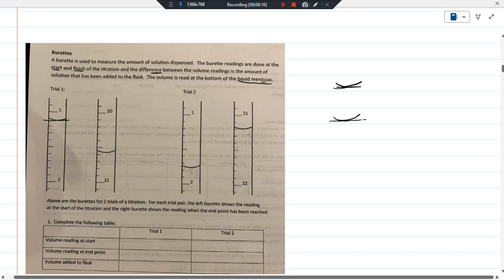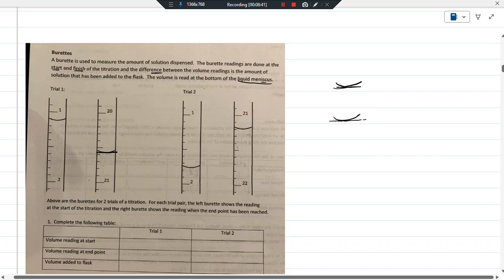The meniscus is here. So when you read the burette, you read over the meniscus. That is the bottom part of the tangent line. So the meniscus for this one is here as well. This one is here as well.